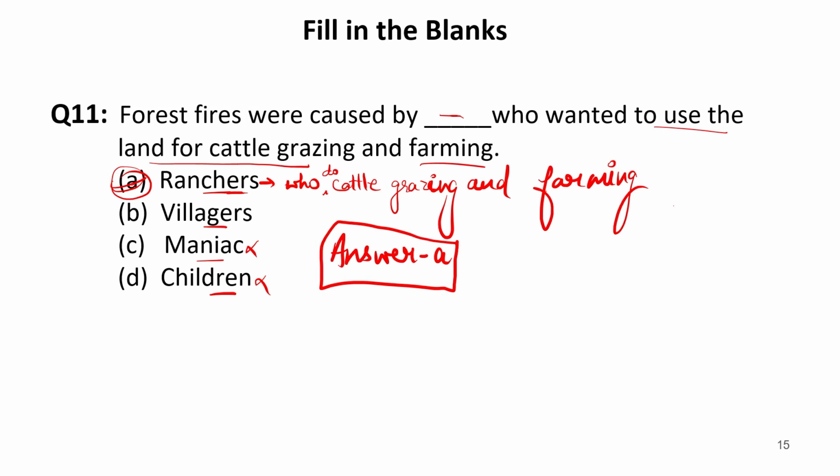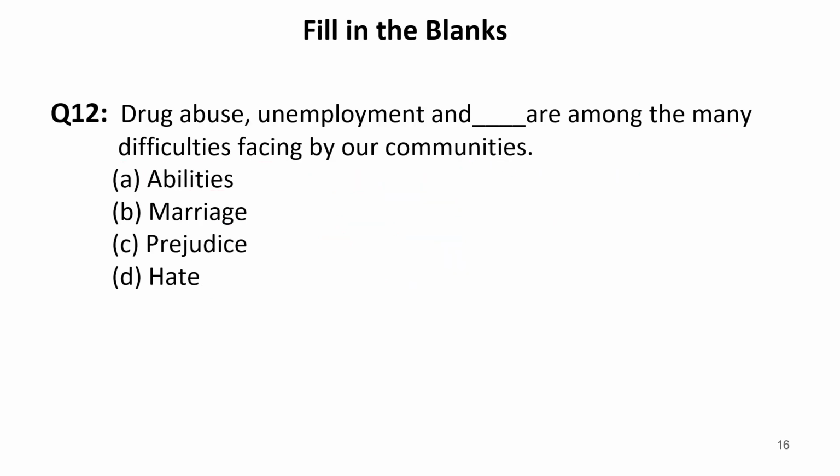Now let us move to the next, 12th sentence. Drug abuse, unemployment, and dash are among the many difficulties facing our communities. So there must again be a negative word like drug abuse, unemployment. Now abilities is a positive word, so it cannot come over here. Marriage is okay.